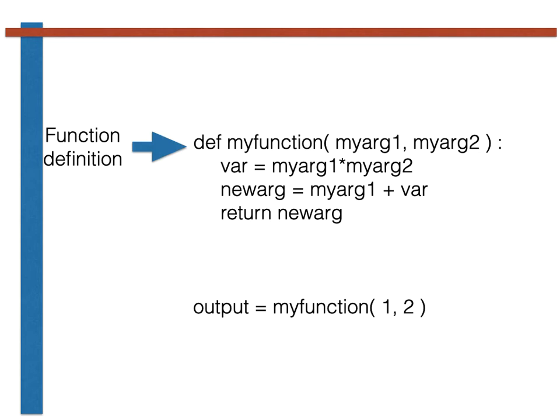The second part of the function is the function call, which is shown here. The code within the function is only ever run if it is called. In other words, if our program just contains the definition of the function at the top of the slide without any function calls, then these lines of code do nothing when the program is executed.